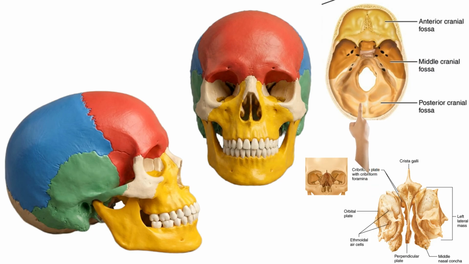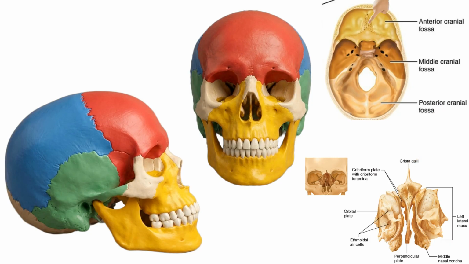Occipital bone. Foramen magnum. Occipital condyle. Sphenoid bone. Greater wings. Sella turcica. Ethmoid bone. Crista galli.